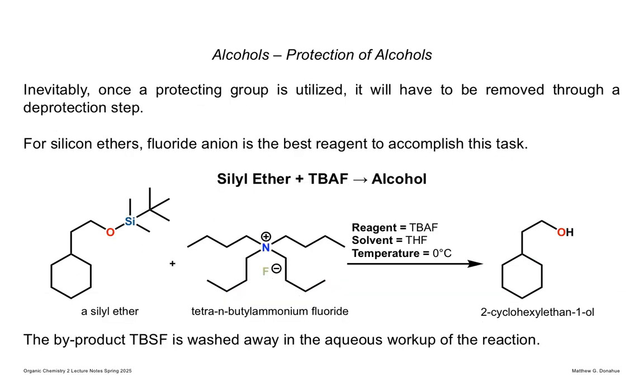Once we have it on there, how do we get it off? We get it off using an SN2 mechanism. With this reagent, tetra means 4. Tetra-n-butyl, so there are 4 butyl groups. Ammonium is the plus, nitrogen, and then fluoride. So you have this fluoride anion. That's hot to trot for the silicon, so it'll attack it. Then it'll cleave that bond, revealing the alcohol.